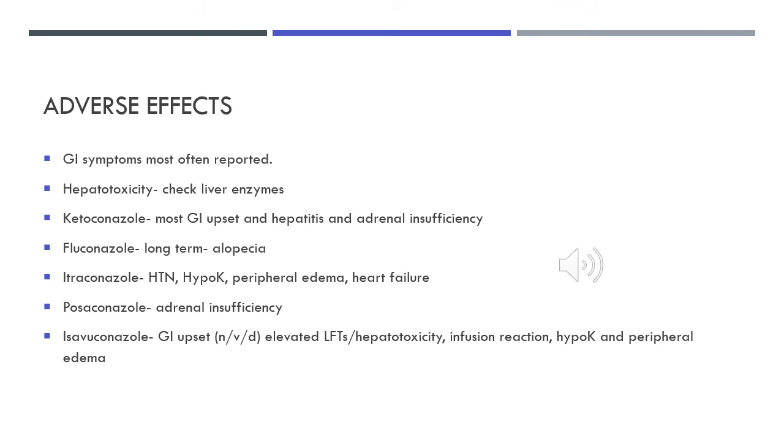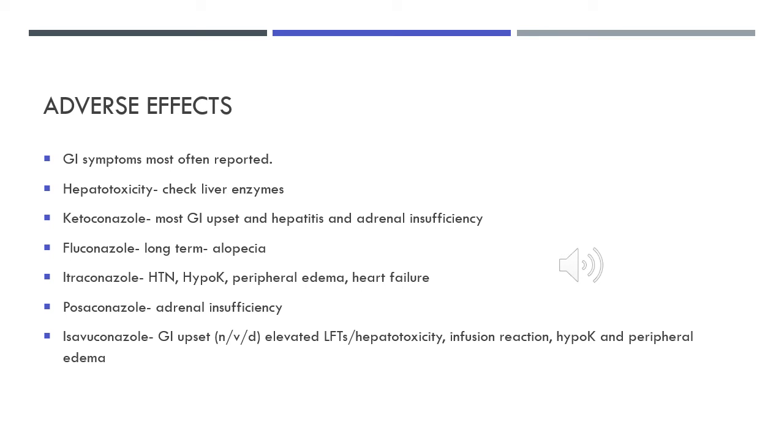So adverse effects, I would say with all of the azoles, you should be looking for GI symptoms as they are the most reported of the azole adverse effects, as well as hepatotoxicity. Because of the metabolism via CYP3A4, you're going to see a lot of these drugs have the potential of causing hepatotoxicity.